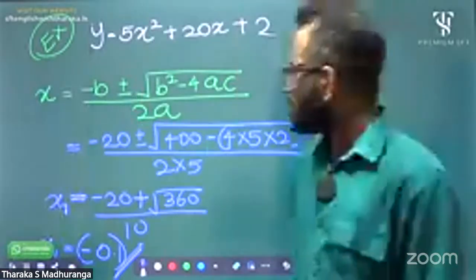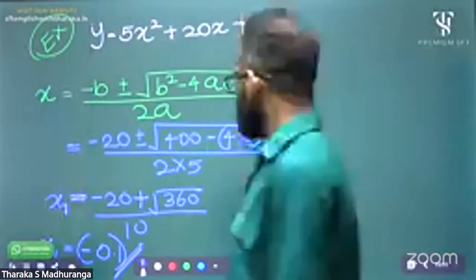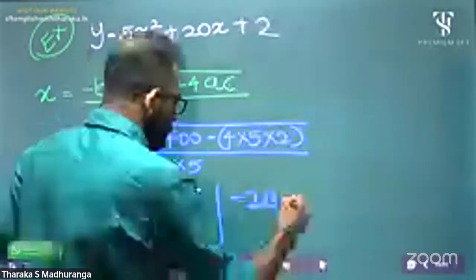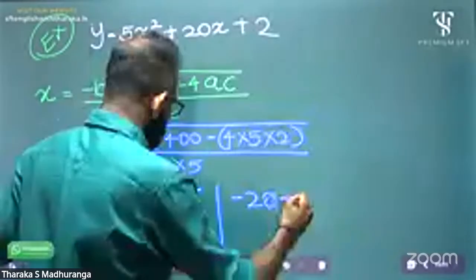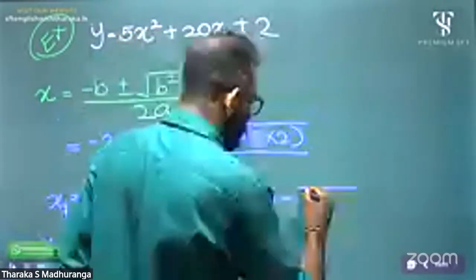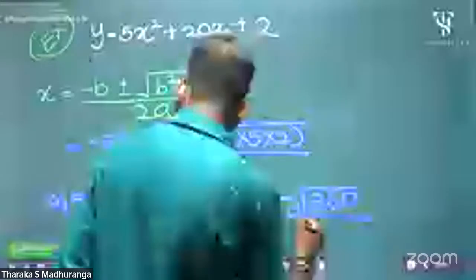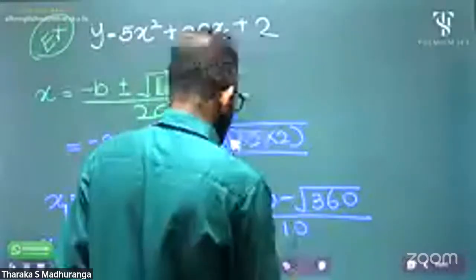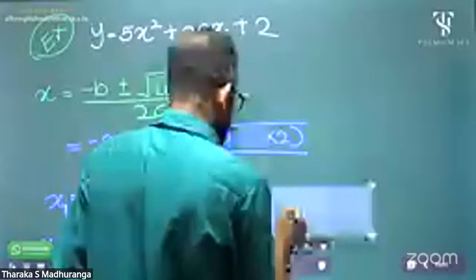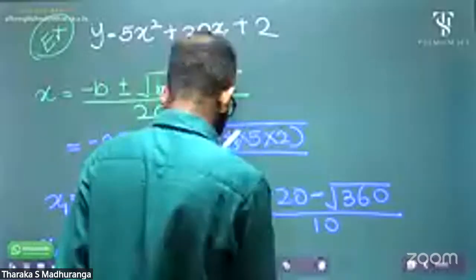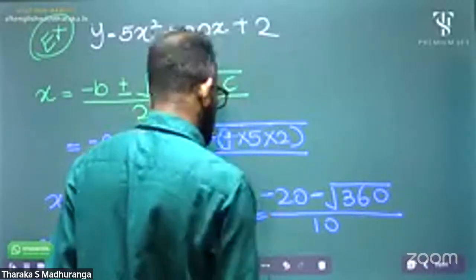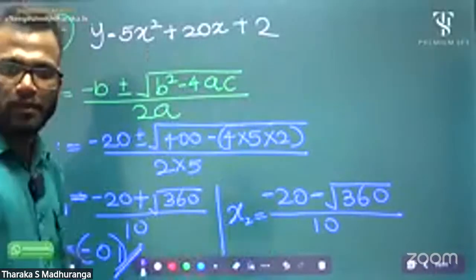Okay, now you can get the second x-axis cutting point: minus 20 minus the square root of 360, divided by 10. This is x2, the second x-axis cutting point. Okay, can you send me the value?